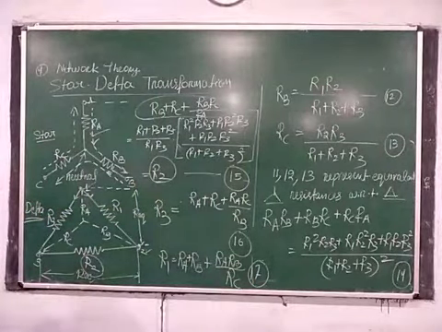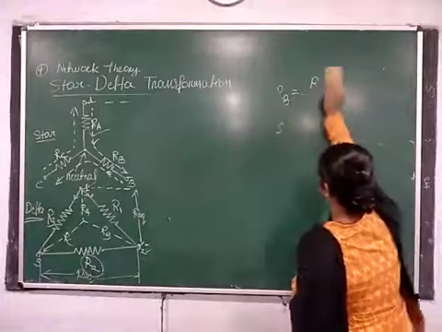So what conclusion do we get in this study? I read the conclusion. How do you shortly remember all these formulas, star to delta and delta to star, how do you remember easily?